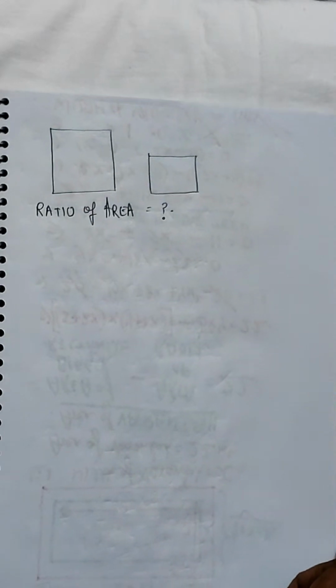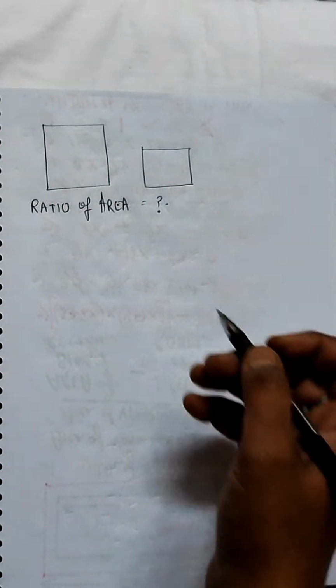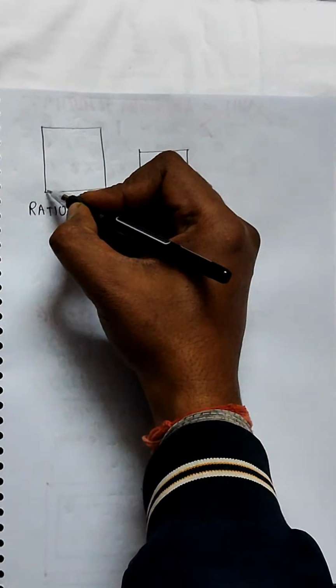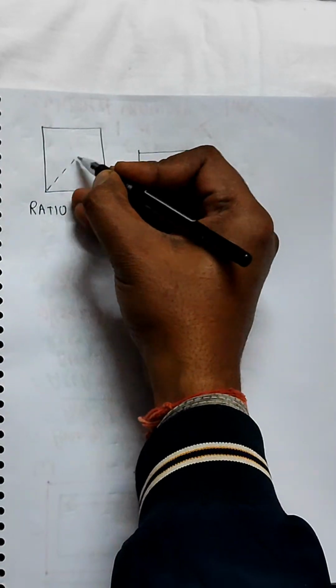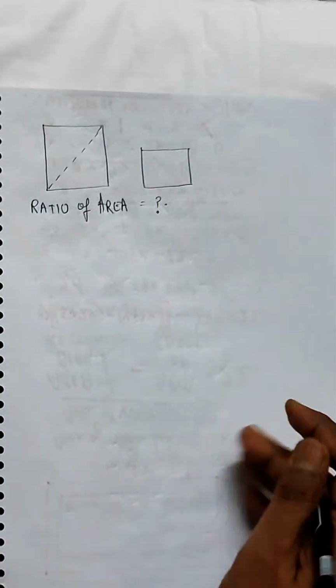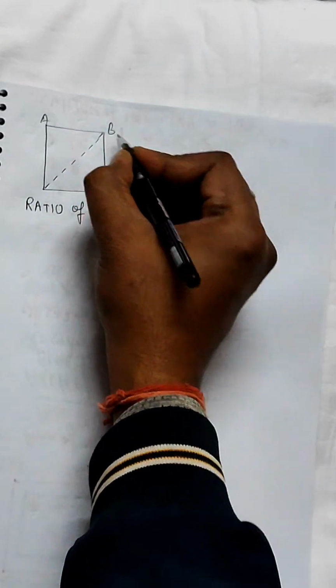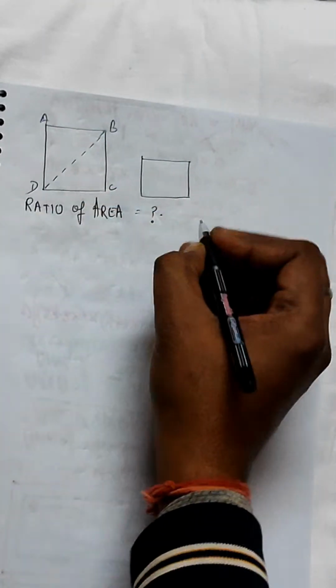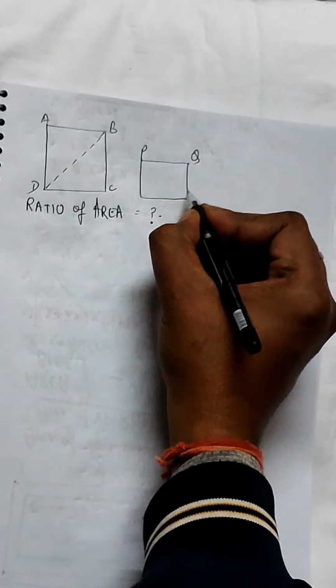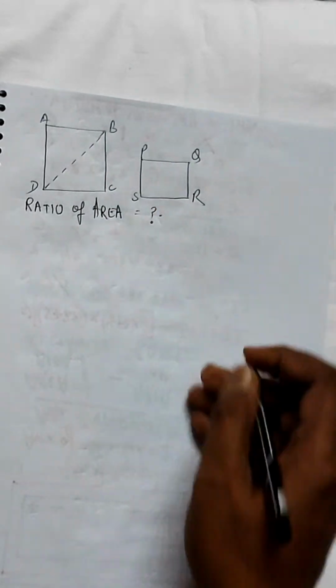Here also we have two squares, right? It's given that the diagonal of one square, let's say ABCD, is twice that of the other, PQRS.